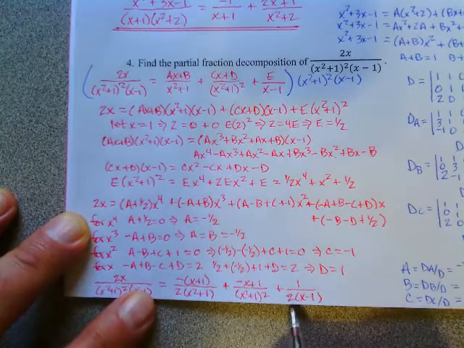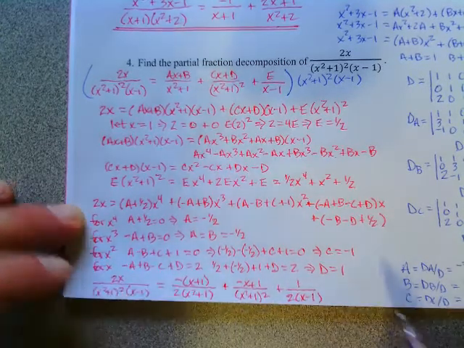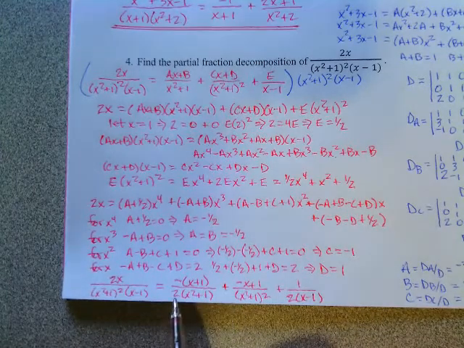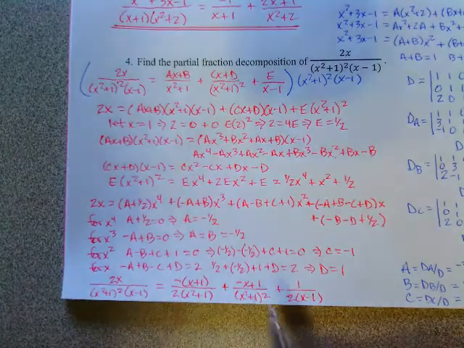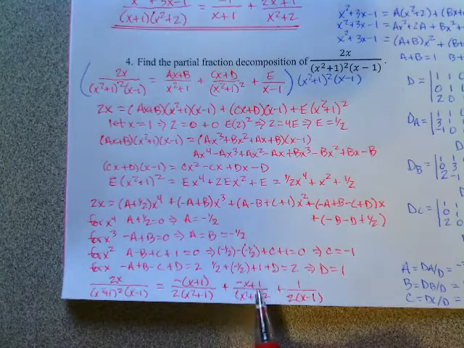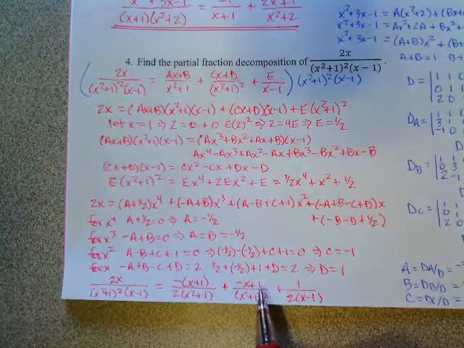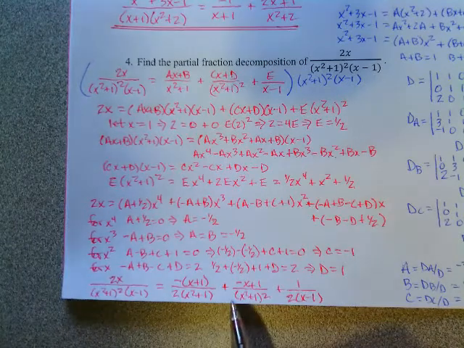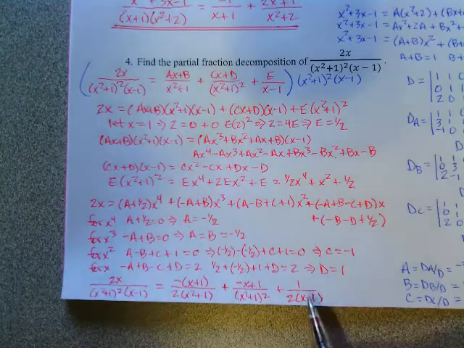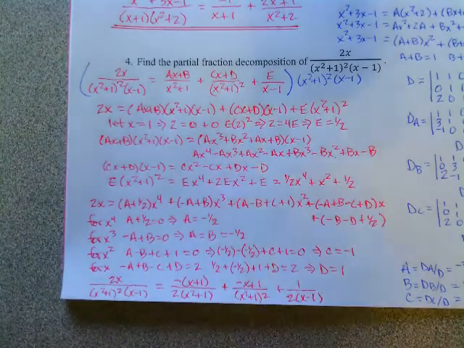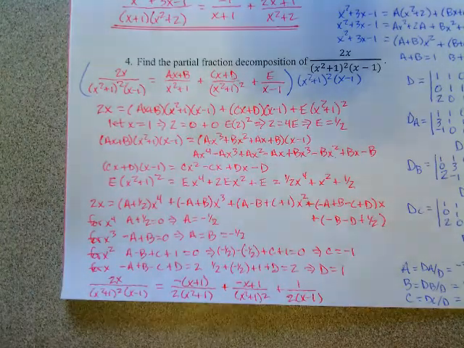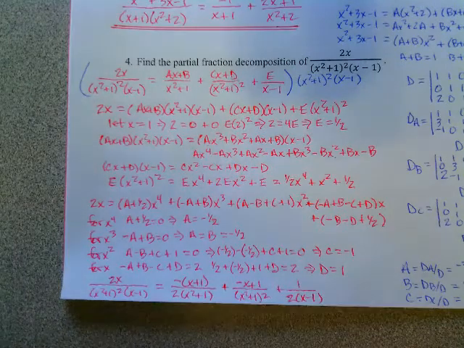And of course the 2's come from those halves. Here A and B both had a half, so that's why we got a 2 here. Here C and D didn't have halves, they were 1s, negative 1 and 1, so negative x plus 1, and nothing down here, and then E had a 1/2. So there is our answer for problem 4.